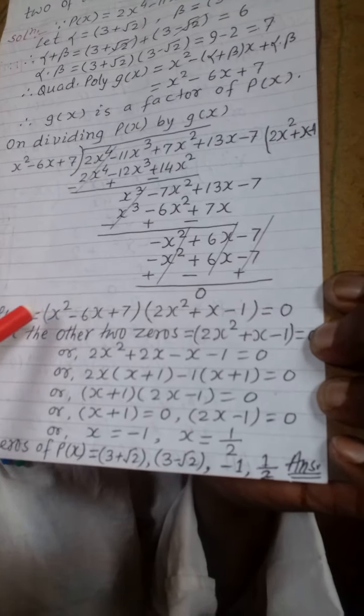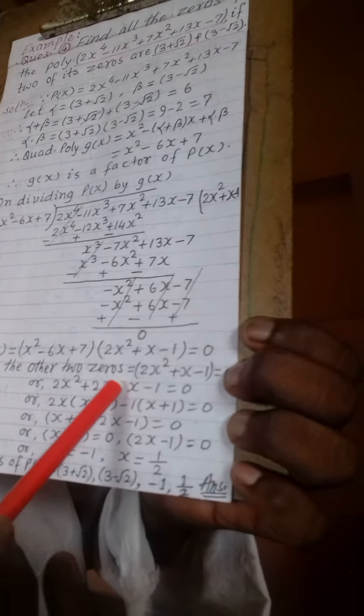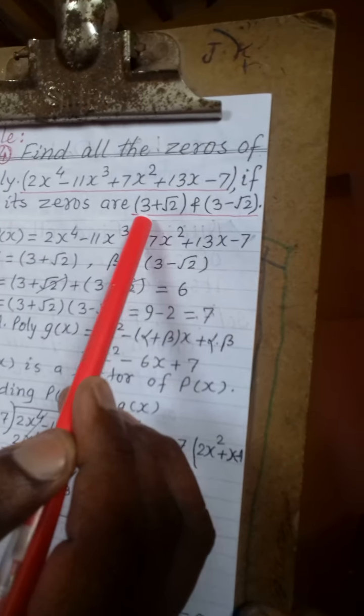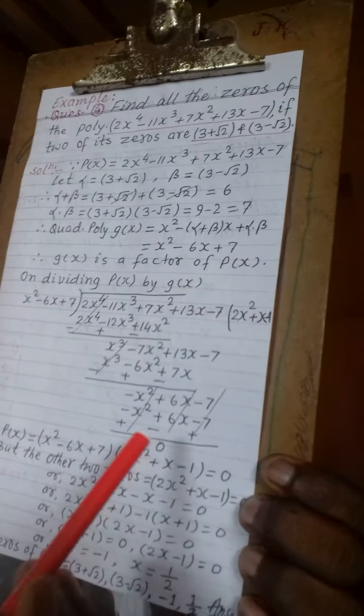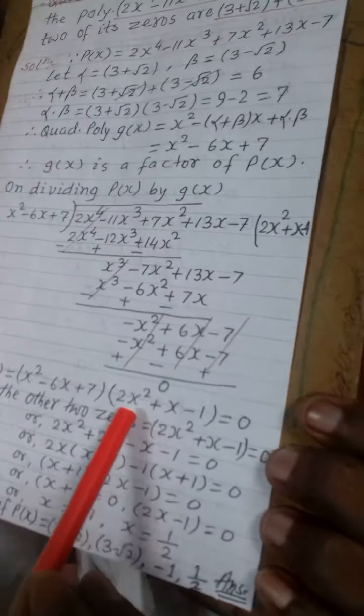The first factor is related to these zeros, and we have to get the other zeros, so we will take only the second factor here.